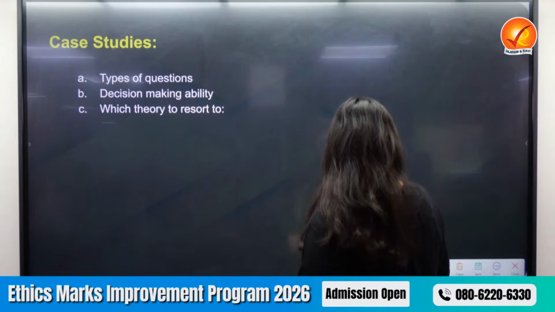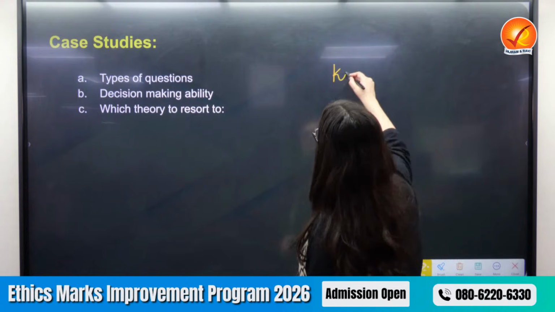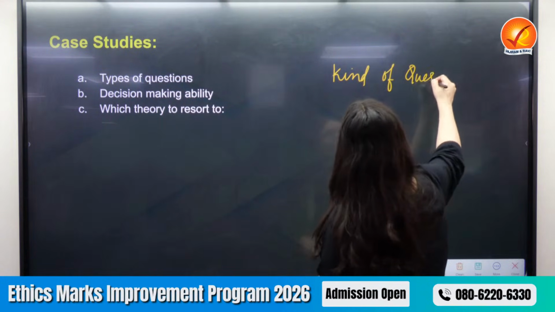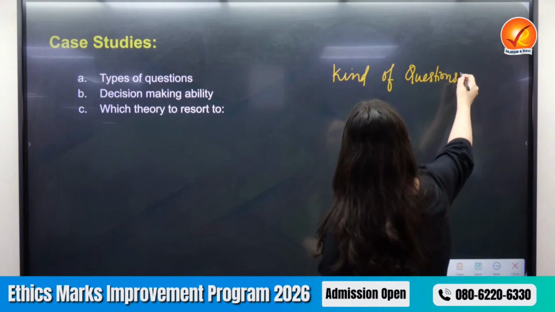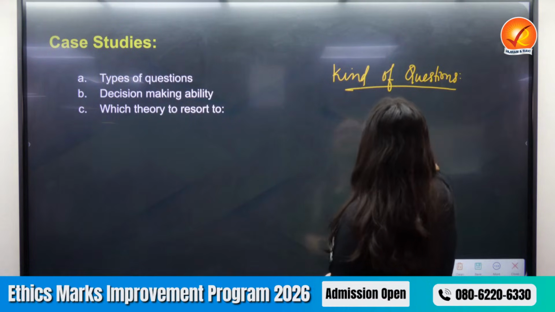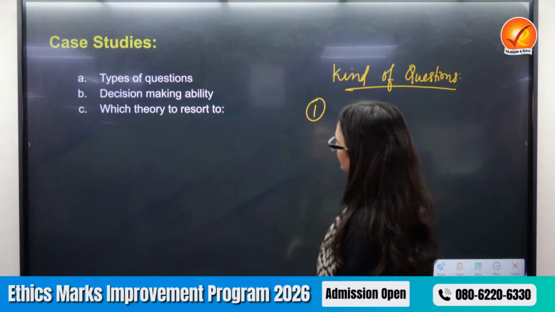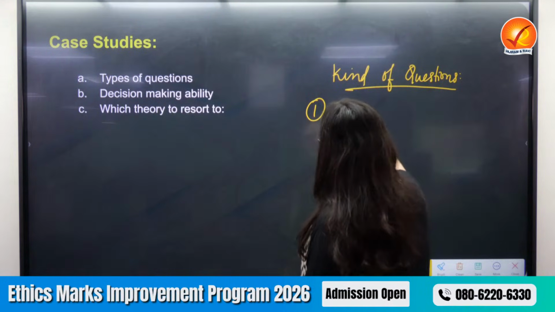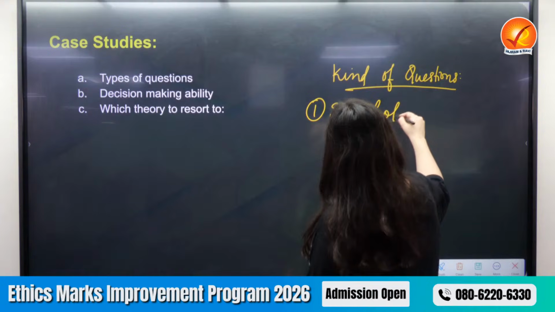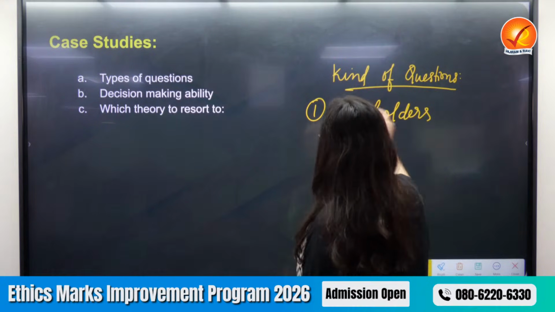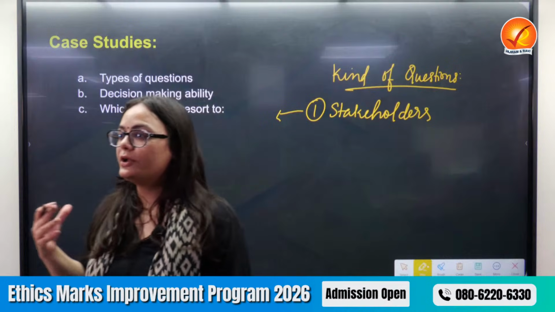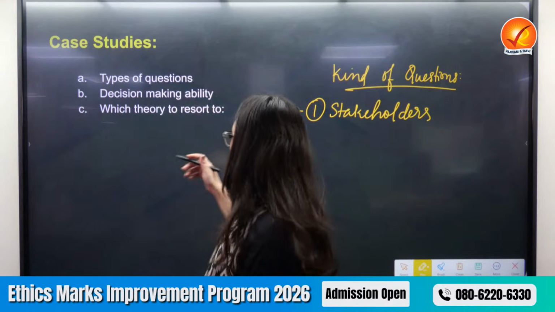Okay, let me first quickly tell you the kind of questions that are asked in a case study. First is, they used to ask earlier, now it is no more directly asked, the stakeholders. Basically, if there is corruption happening, who all are going to be affected by this decision?